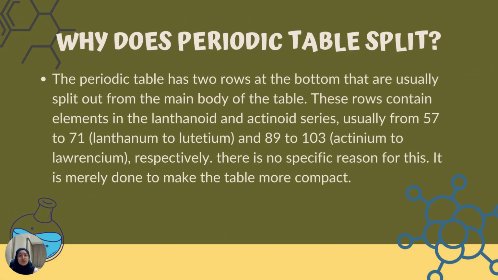So if you're wondering why the periodic table is split: the periodic table has two rows at the bottom that are usually split out from the main body of the table.